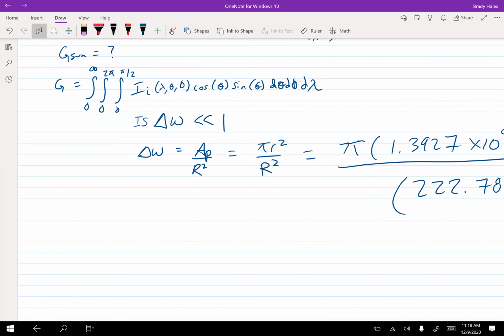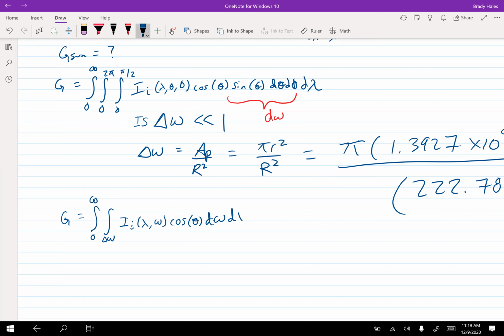In chapter 12, we're going to use this definition of irradiation. Then we ask ourselves in red, how can we simplify this integral? I'm going to recognize that this is the definition of the differential solid angle. So G is equal to the integral from 0 to infinity, over the finite solid angle, turning this into an area integral, d omega d lambda.